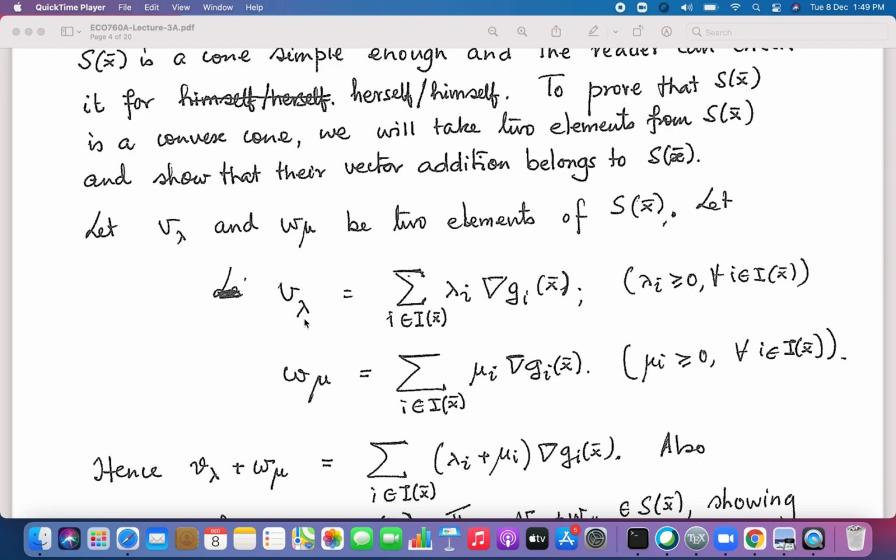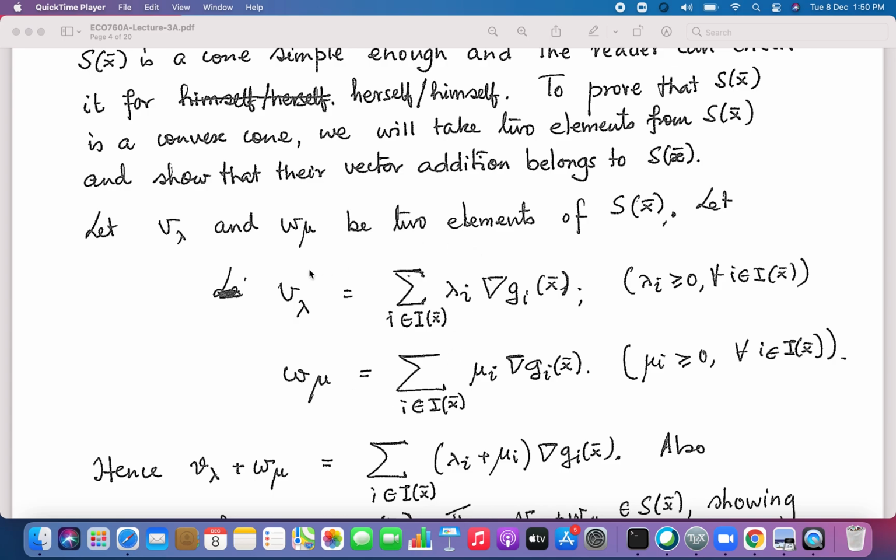So V lambda is written as summation lambda i grad gi x bar. Grad gi x bar is fixed, so the generation is done by these lambda i's. Grad gi x bar would formally be called the generator, but without changing the lambda i's, new elements won't be generated.